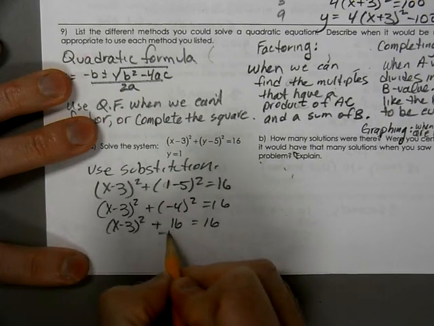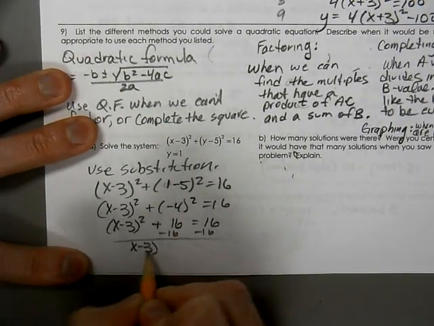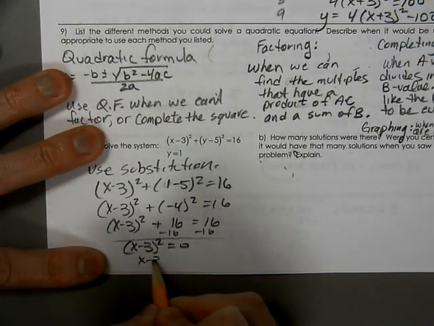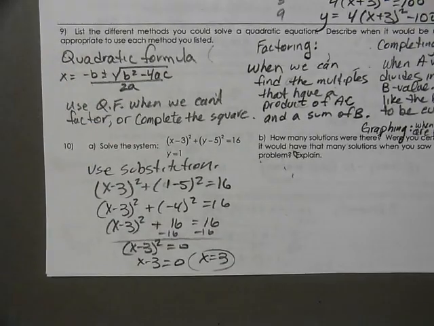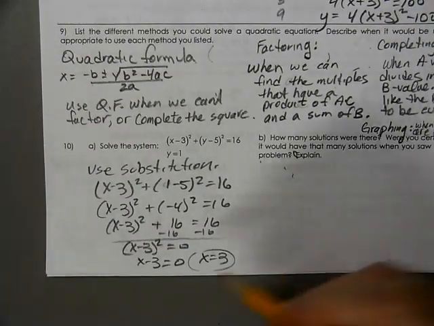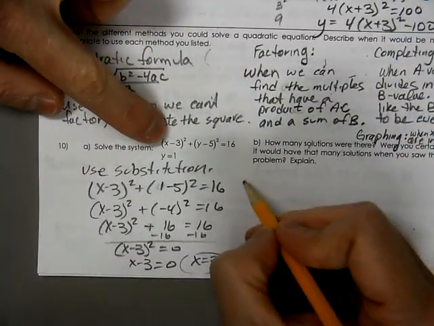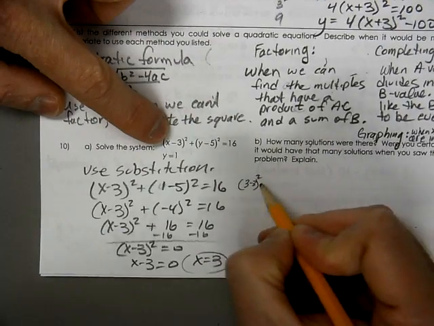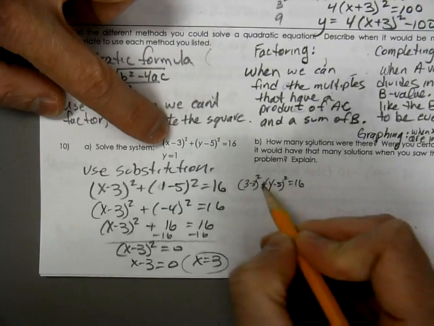Subtract the 16 to the other side, equals 0. Take the square root of both sides. So we get 3. Then we can plug 3 back in to find our y value.